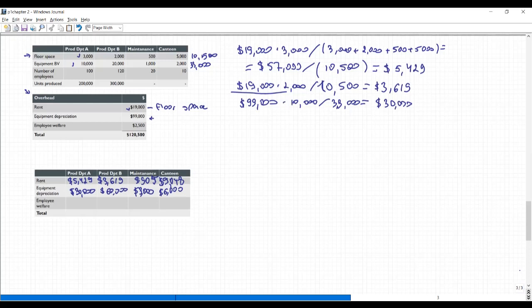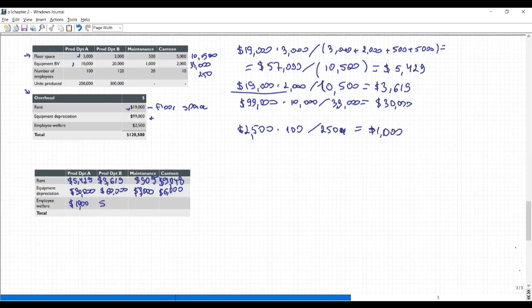Okay, employee welfare. Well, it seems that it is dependent on the number of employees. So 220, 30, 250 employees we have. This basically means that 1,000 was spent on production department A, and I know that because I do 2,500, the total expense, multiplied by the number of personnel in department A and divided by the total number of people for the organization, and it gives me 1,000.